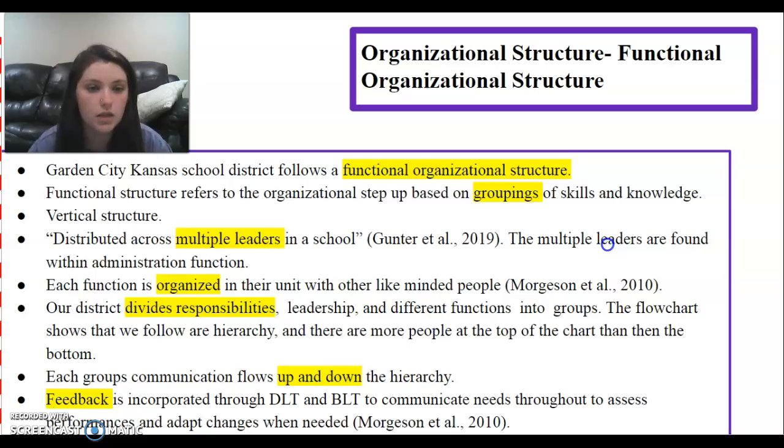Each function is organized within their unit with other like-minded people. Our district divides responsibilities based on their functions. Each group's communication flows up and down, and BLT and DLT help with the communication going up and down and with feedback throughout the district.